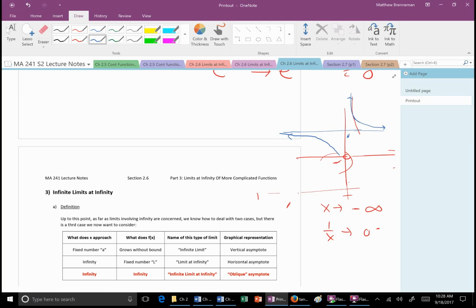I want to take 1 over x equal to 1 over negative 2, is e. Right.